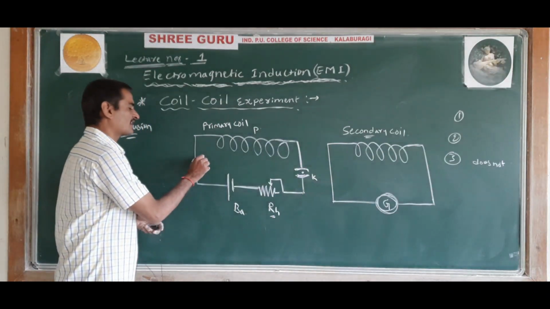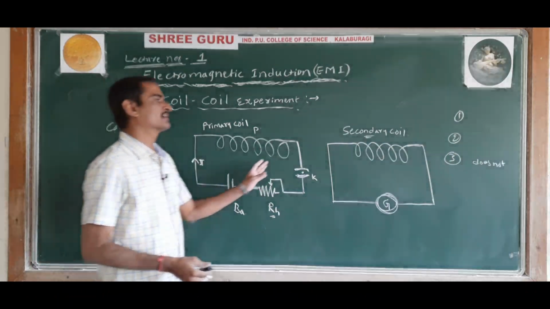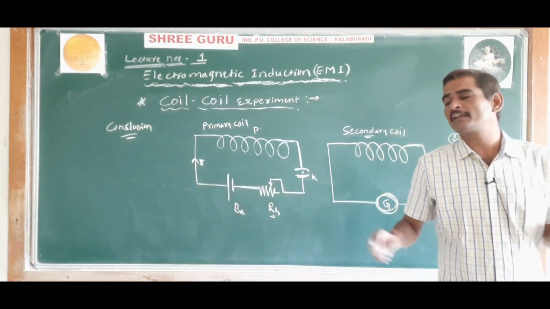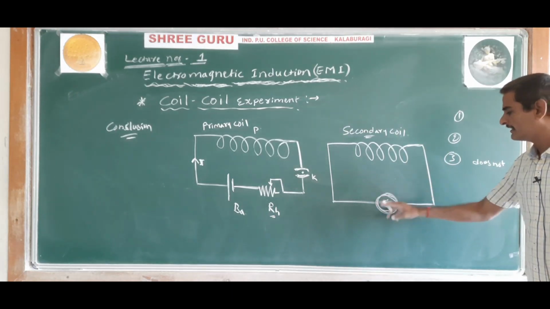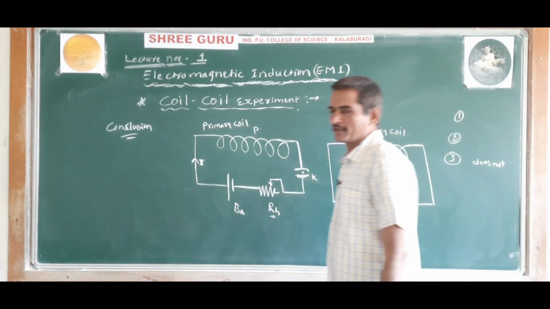But when the current is constant, the magnetic flux linked with the coils will remain constant. Hence, the galvanometer does not show the deflection. Understood?